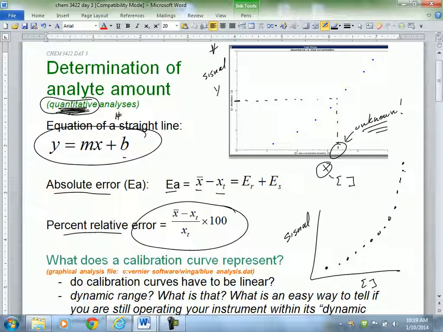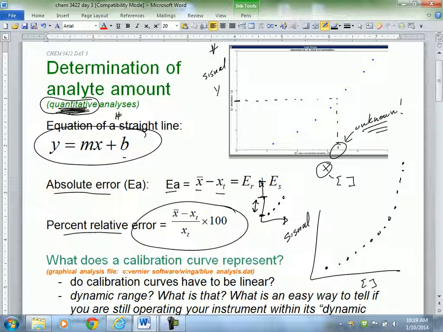But one thing that's important, that'll catch you, is regardless of the type of calibration curve, whether it's nonlinear or linear, you're only good for this analysis between the highest and lowest concentration. Otherwise, you can't even use it. It doesn't matter whether it's linear or not. So the signal range for this linear plot is only right here.